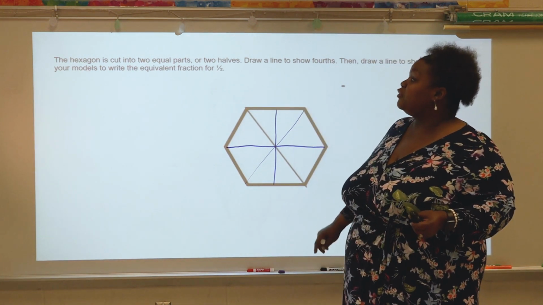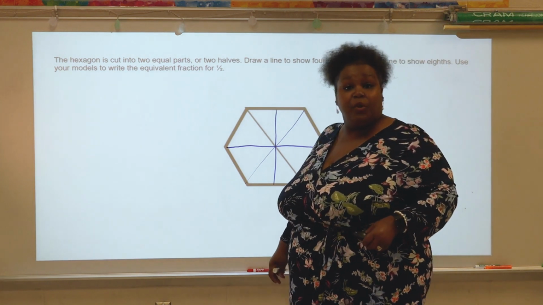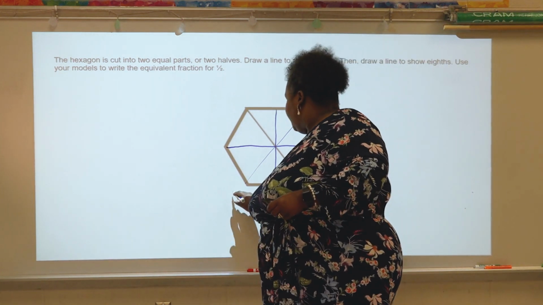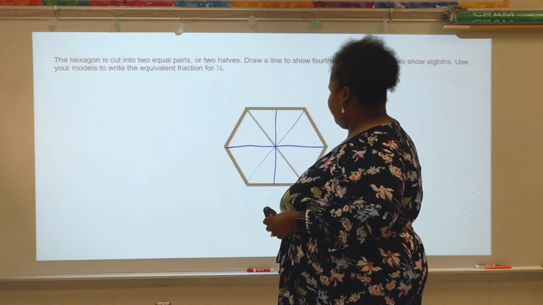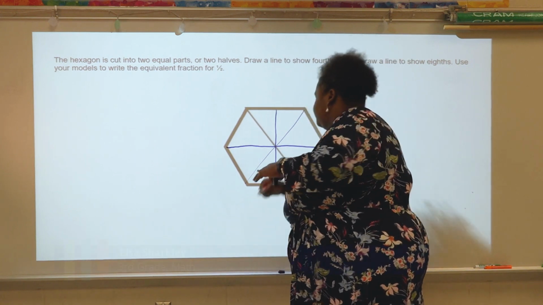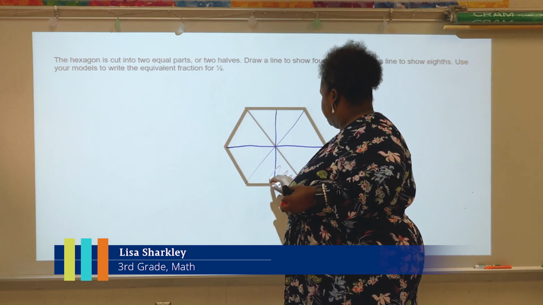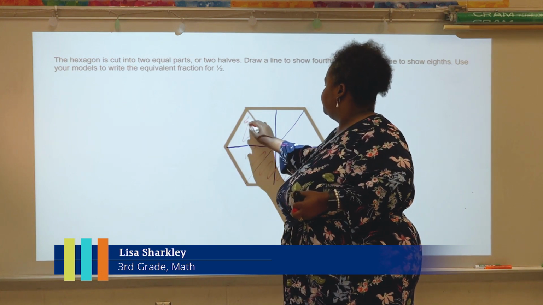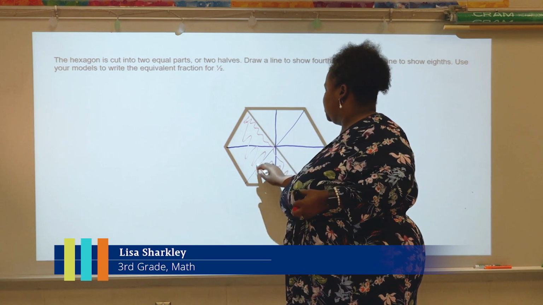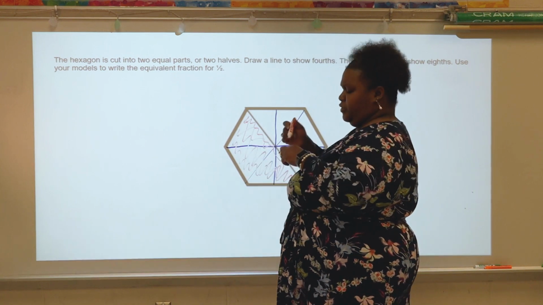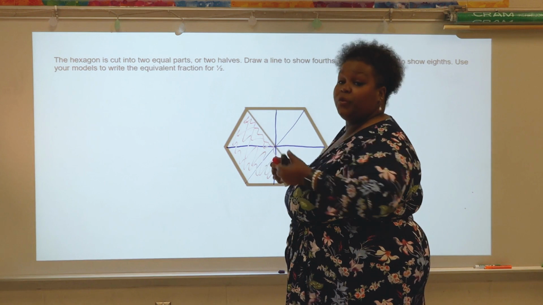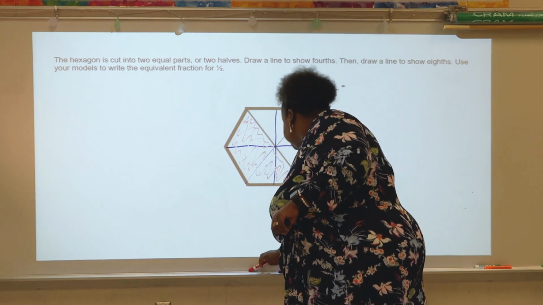Now, use your models to write the equivalent fraction for 1 half. So 1 half, and let me shade in 1 half. That might be easier. And just doing a quick shade in so you can kind of see what the 1 half shaded in would look like. Okay?